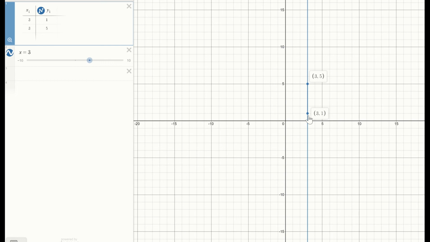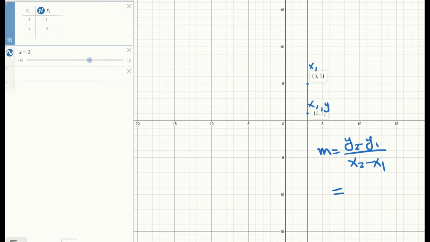Here's how. We know that the slope is going to be given by the same formula as always. It doesn't make any difference which one you call x1, y1.